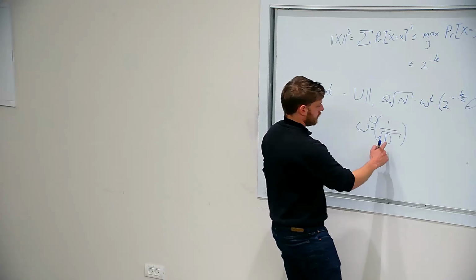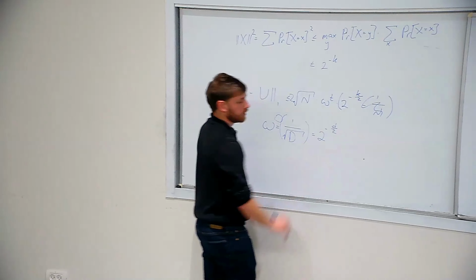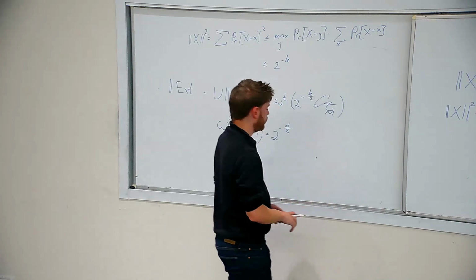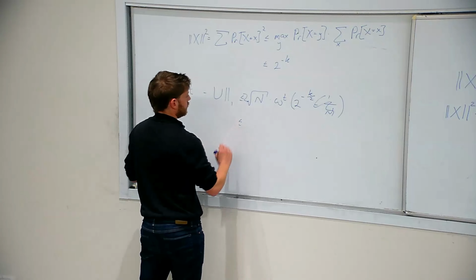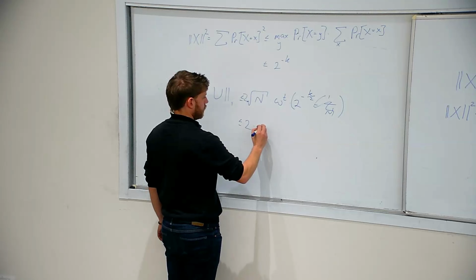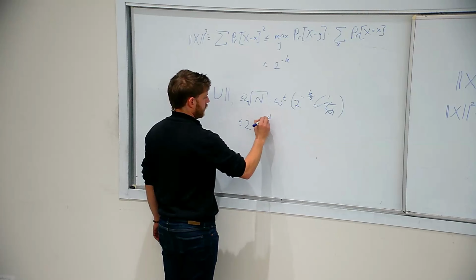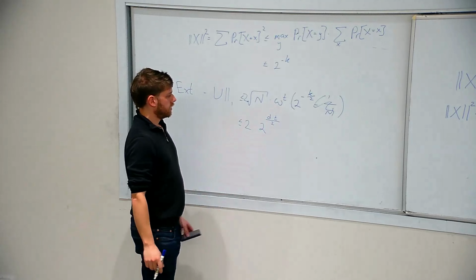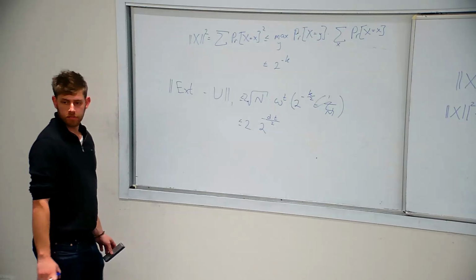And d is so 2 to the minus d over 2, right? At most 2 times 2 to the d over 2 times d minus, wait, why is this? My omega 1 over square root. Oh, bigger, okay.